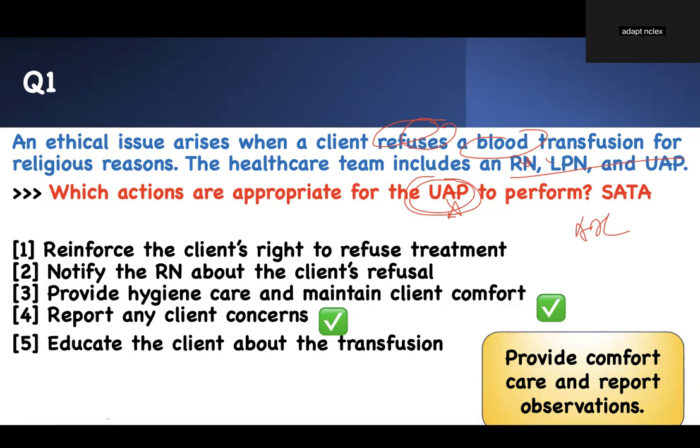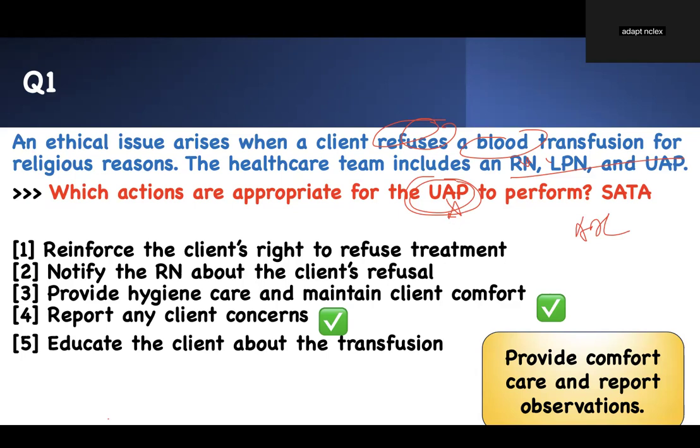It's an observation. Any changes in the condition, their vitals, their overall outlook, they can report that, but they cannot notify the RN about the refusal. They're just looking and reporting without making an assessment. Of course, they cannot educate the client about the transfusion.